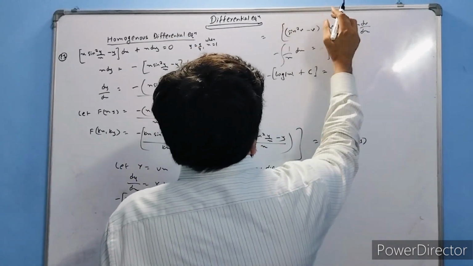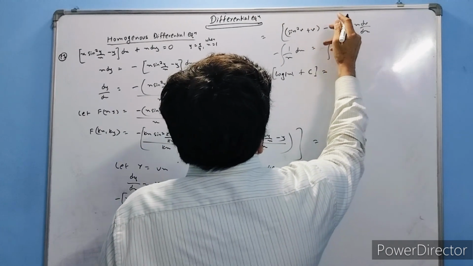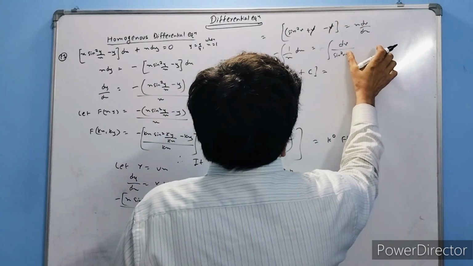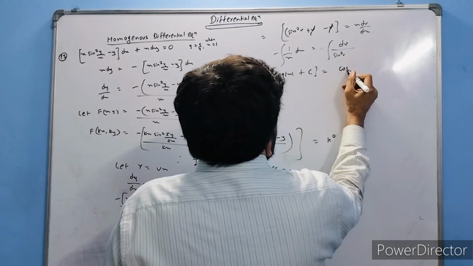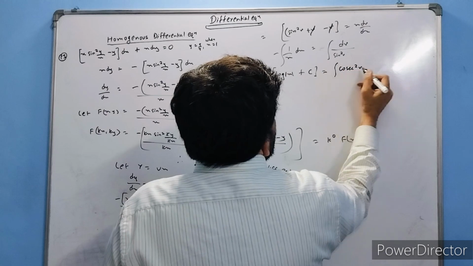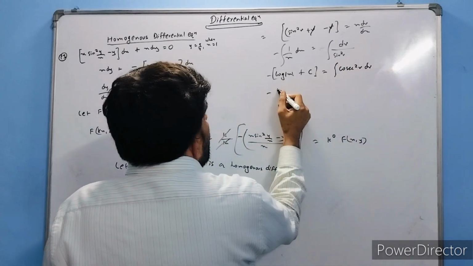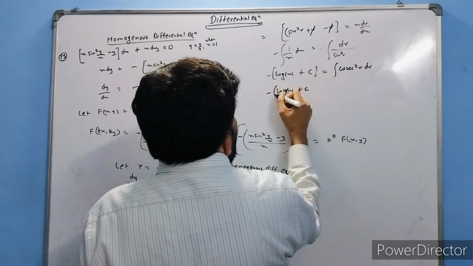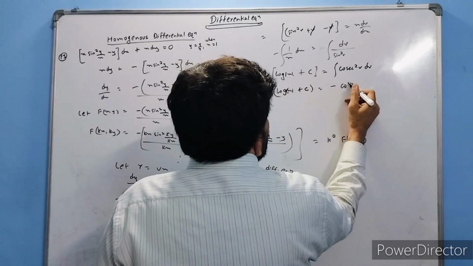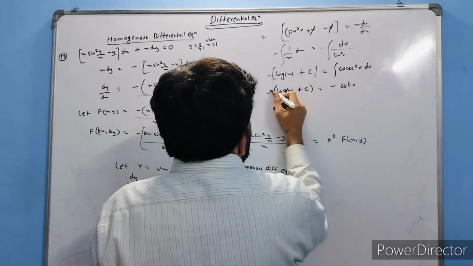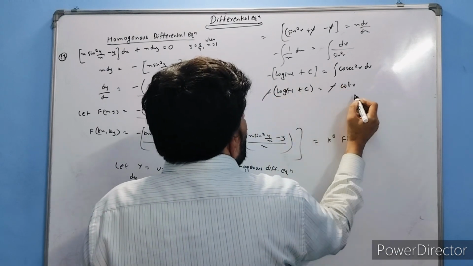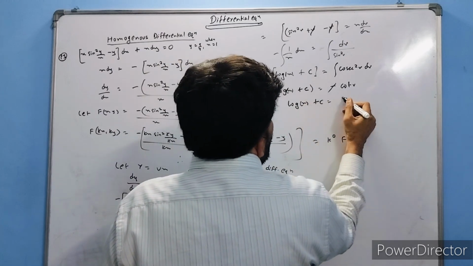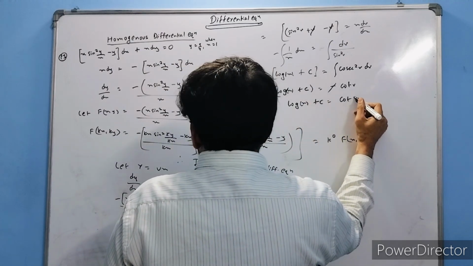If I solve this, what I will get is, since 1 upon sine square v is cosec square v, cosec square v dv. So now we have minus log x plus c is equal to minus cot v. So log of x plus c is equal to cot of y upon x.